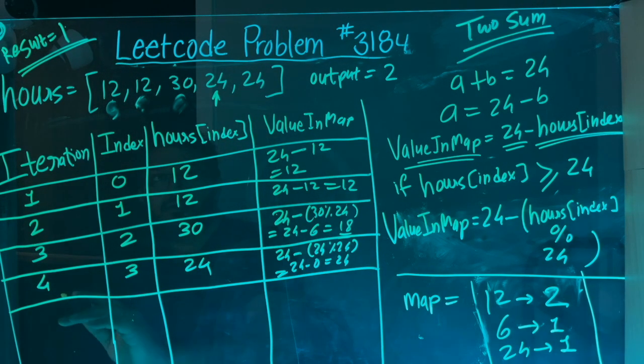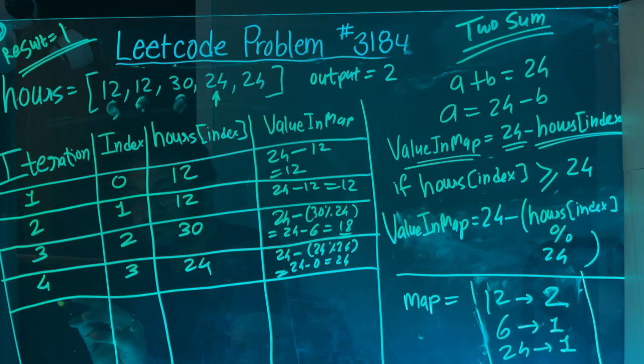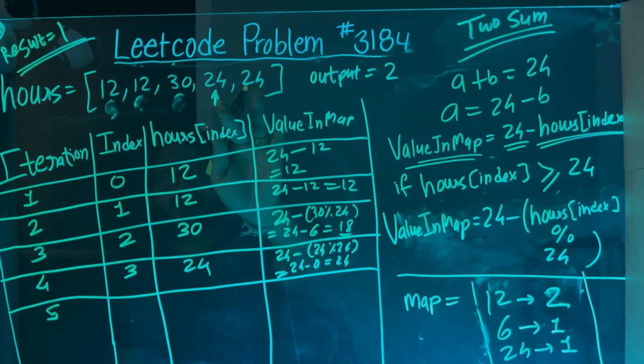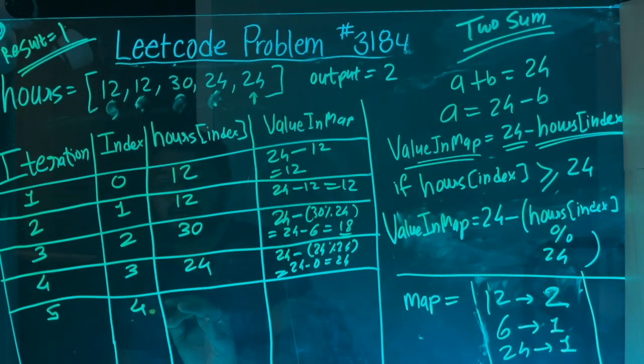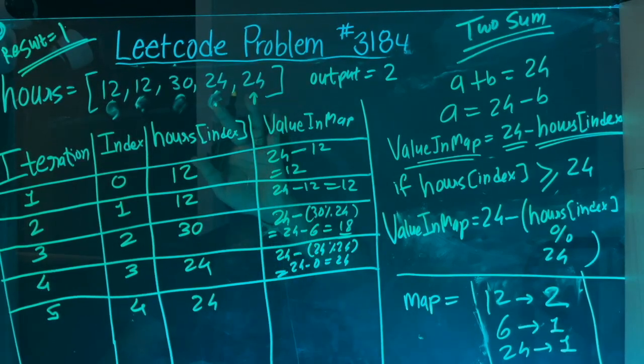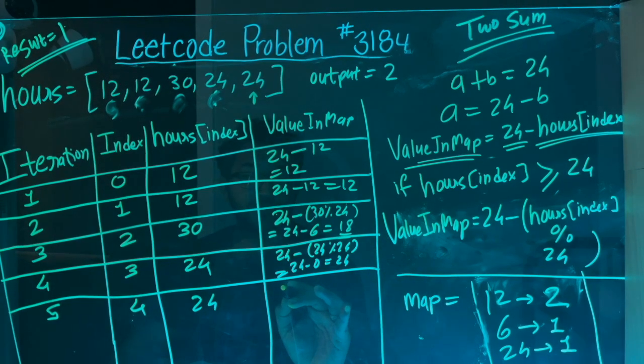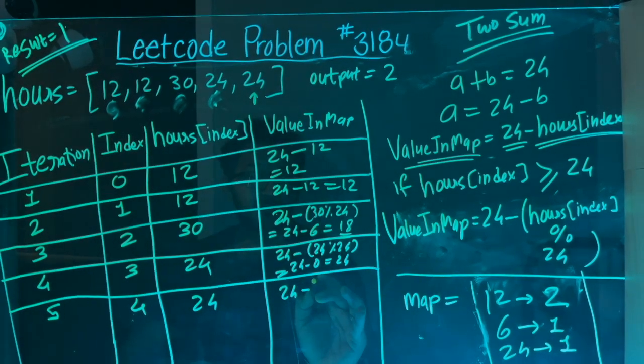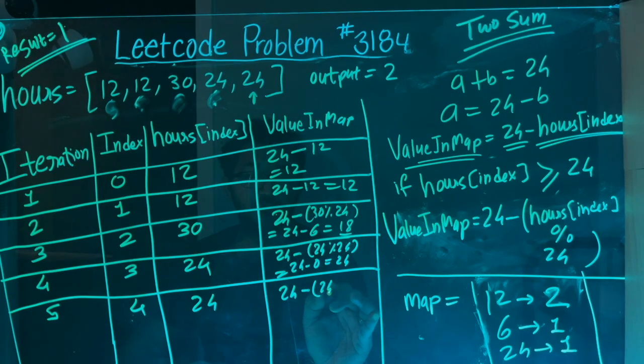Now in our fifth iteration, the index is at 4. The value is 24. As the value is greater than or equal to 24, we are going to use this formula: 24 minus 24 modulo 24, which is 24 minus 0, and that is 24.